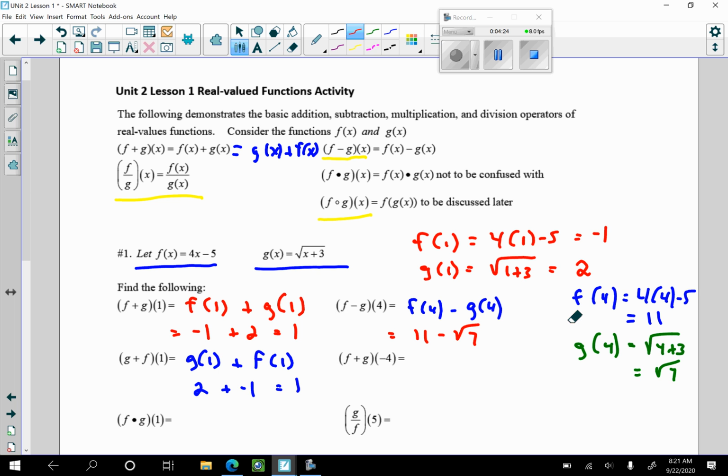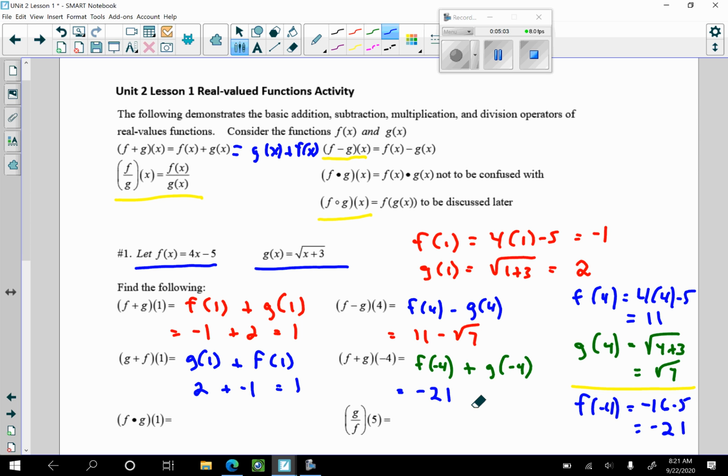Let's go f plus g of negative 4. We will use green here. This is going to be f of negative 4 plus g of negative 4. F of negative 4 is going to be negative 16 minus 5, which is negative 21. So the negative 21 is going to go in there.